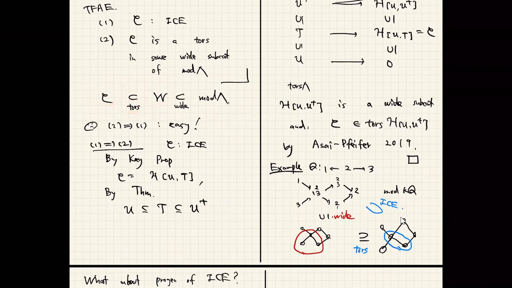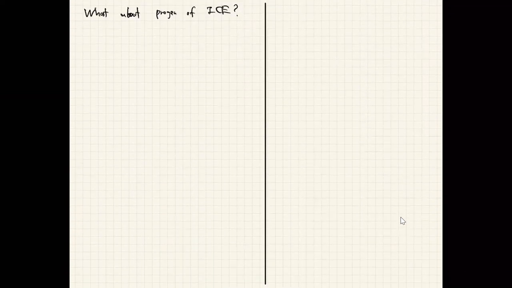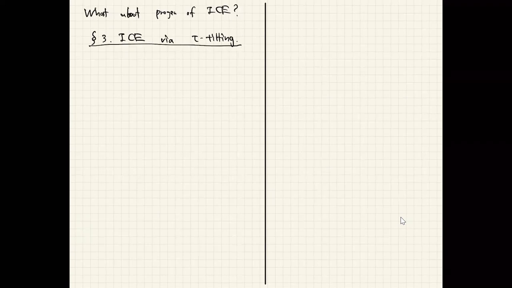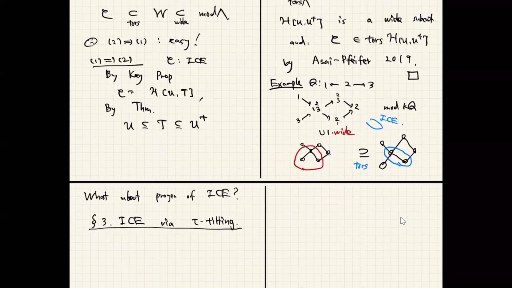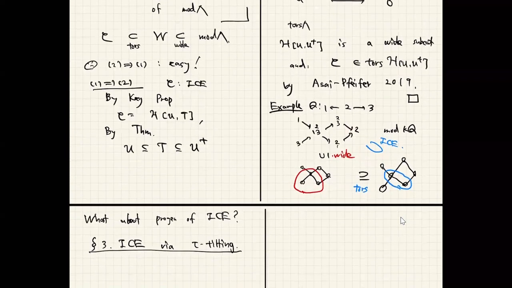And there is a recent work by Adachi, Iyama, and Reiten on τ-tilting theory. In this final section, I will describe progenerators of ICE-closed subcategories by using the language of τ-tilting theory.